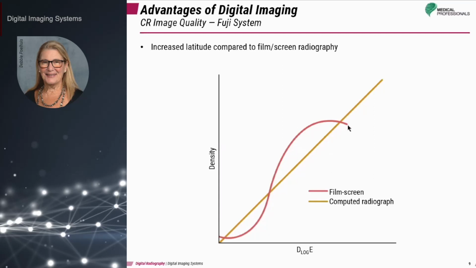That's known as the D max. So here you can see this is not linear. It comes up and it reaches a point where there are no more shades of gray that can be seen. Whereas with digital, it continuously goes up.